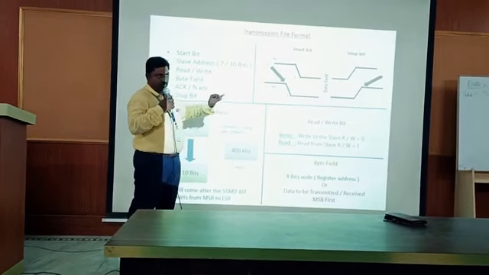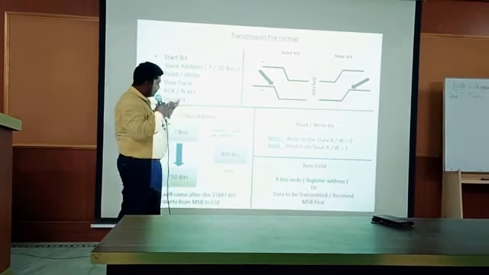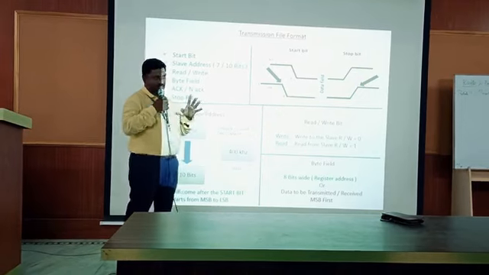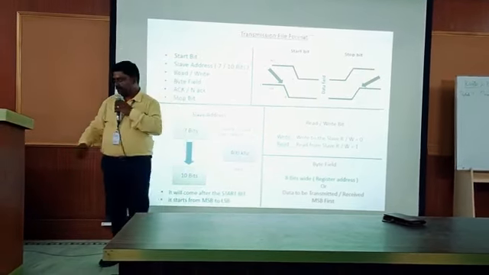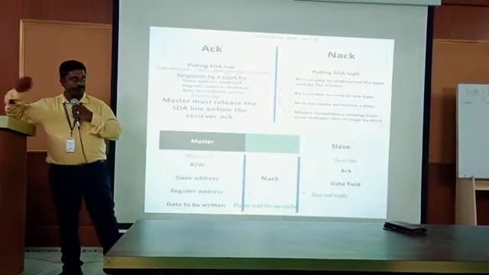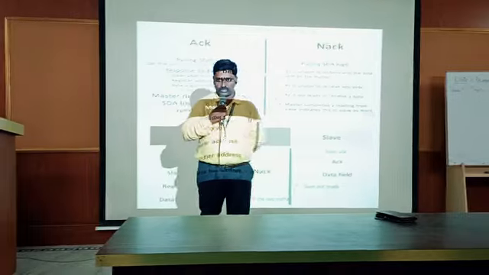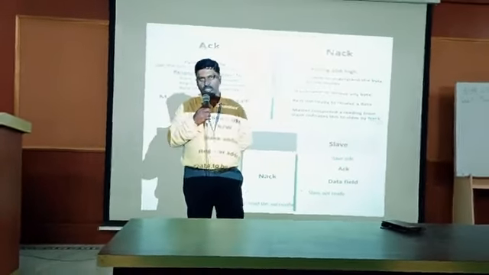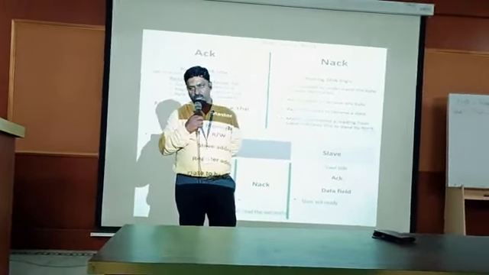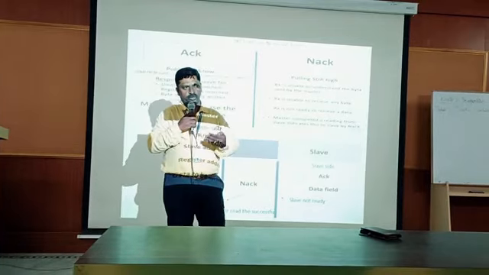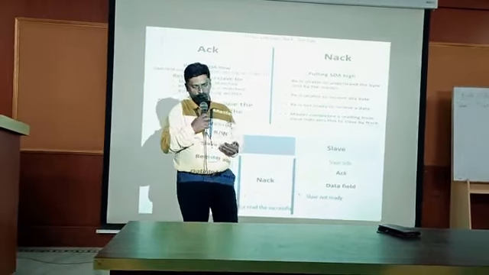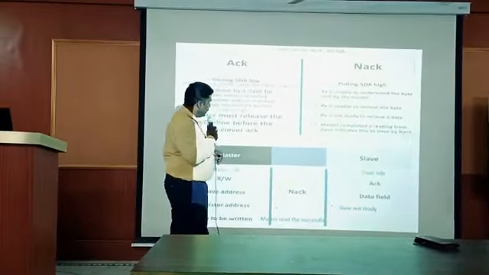What are the fields? Start, then slave address, read or write, byte, then acknowledgement, not acknowledgement. So the master is going to transmit data to the slave, or it is going to read data from the slave. When we talk about acknowledgement and not acknowledgement, there is a format.